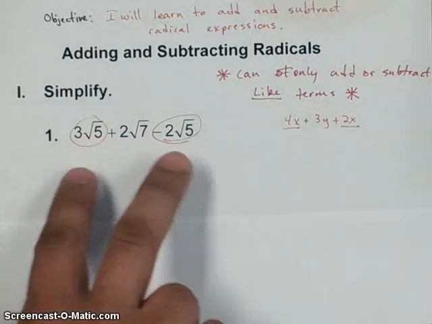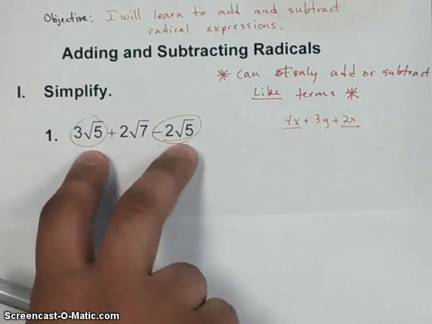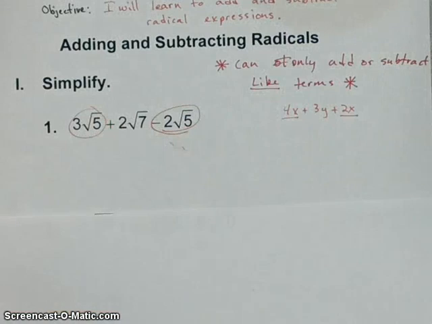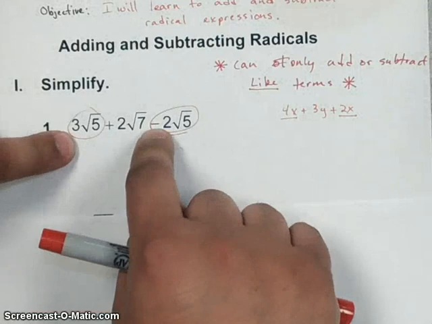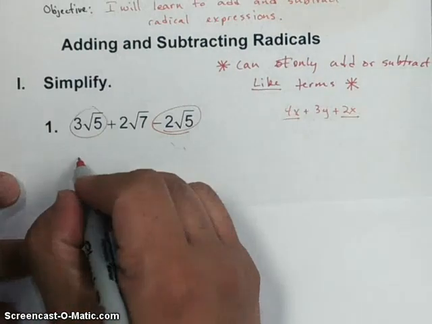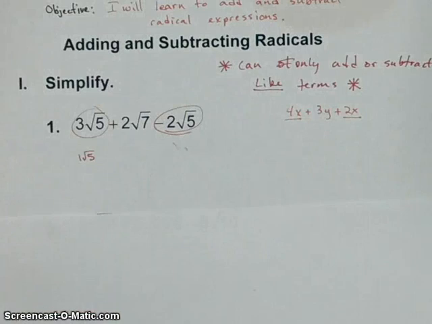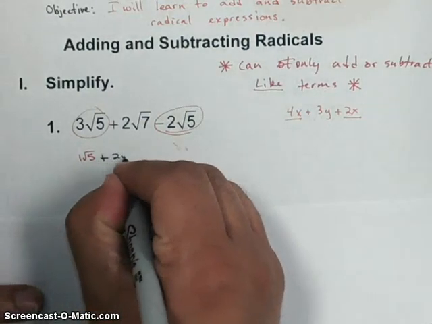So on here, you can only add the things that have the same simplified radical. Since 5 and 7 are prime, there's nothing for me to simplify other than to go ahead and combine them. So it's a positive 3 minus 2. That's going to leave me 1 square root of 5 plus 2 square roots of 7.